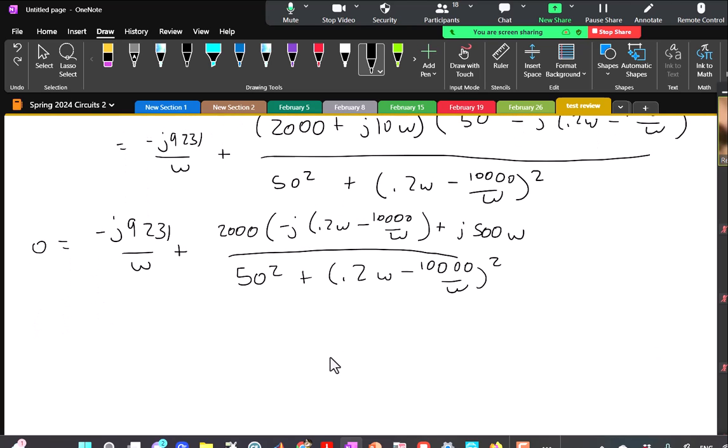And so since I know it's the imaginary part, the real part, I don't need the real part anymore. I need the imaginary part to be 0. So I don't need the j's anymore. Everything has a j, so I don't need the j.